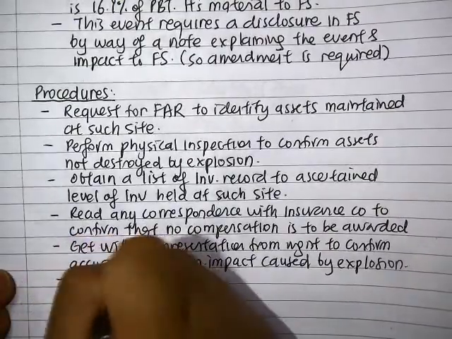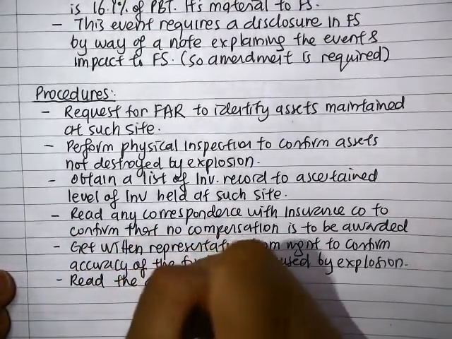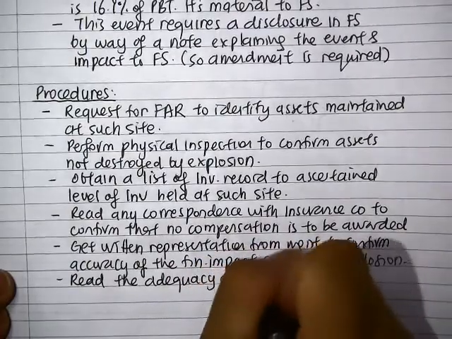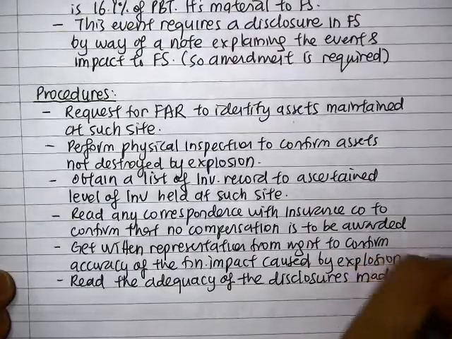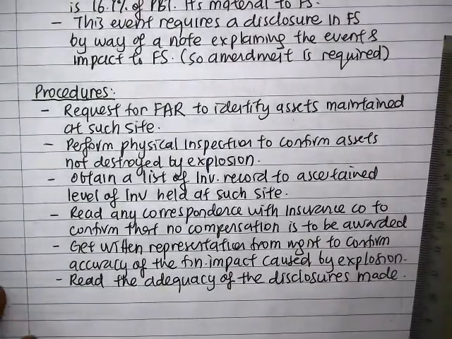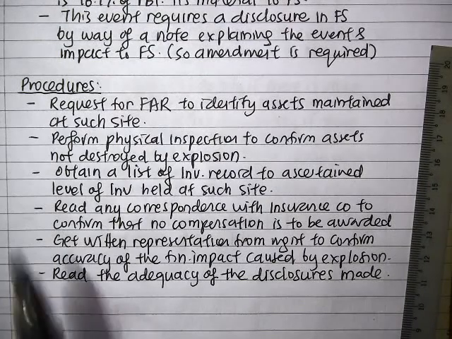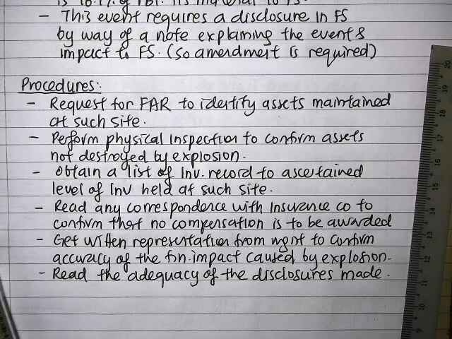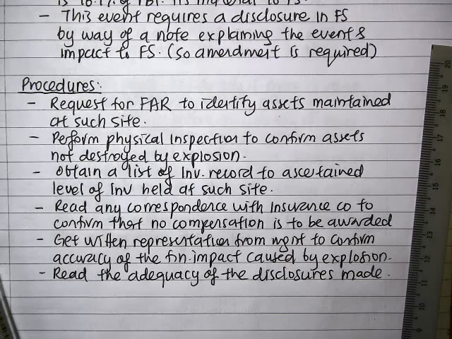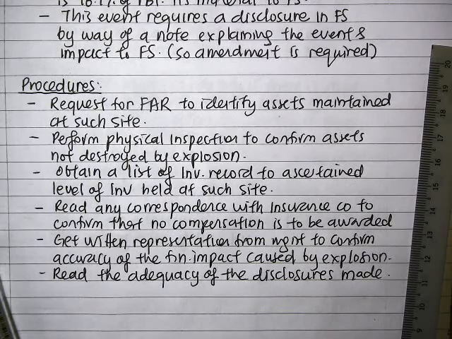Then read the adequacy of disclosure made. So you just want to do a check that they are supposed to adjust this correctly. So that's what we can do. Okay, so more points than what you need to get full marks. Now part C, the last 3 marks over here.